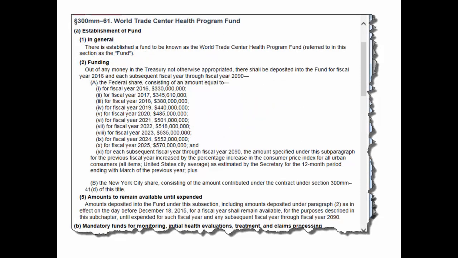In this example, for the World Trade Center Health Program Fund, notice that the language initially sounds like annual language for fiscal year 2016 and each subsequent fiscal year. But notice in paragraph 5 that Congress takes great pains to make all the funds available until expended.